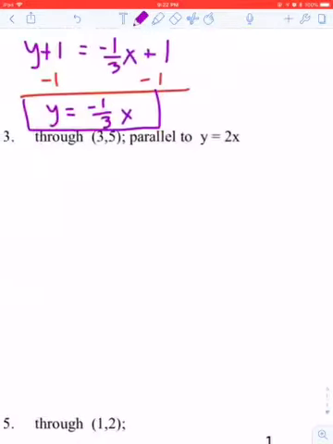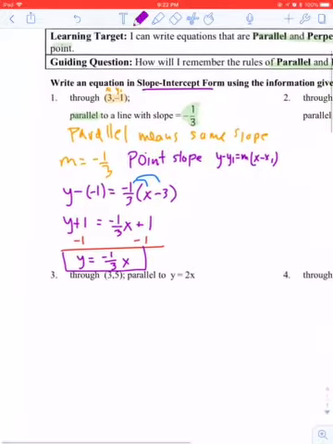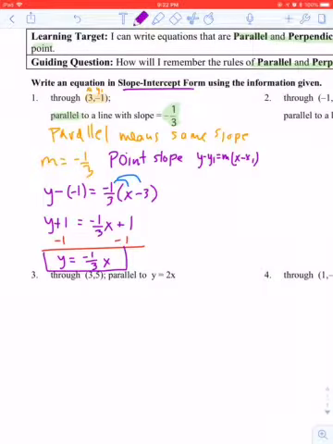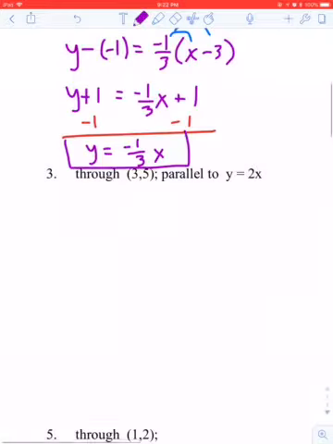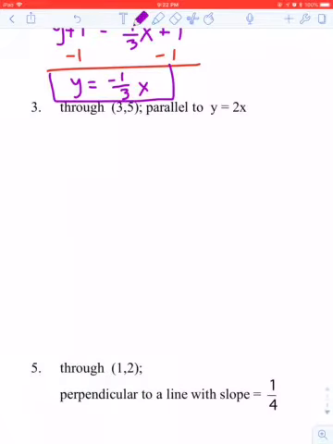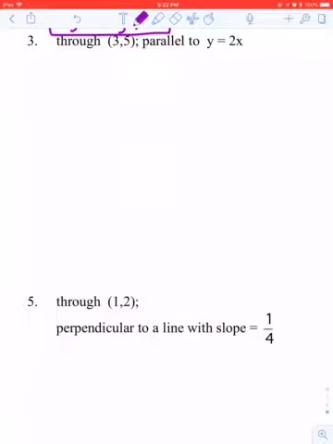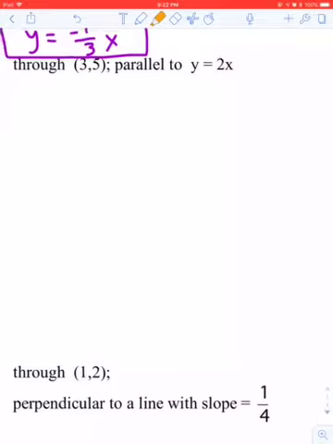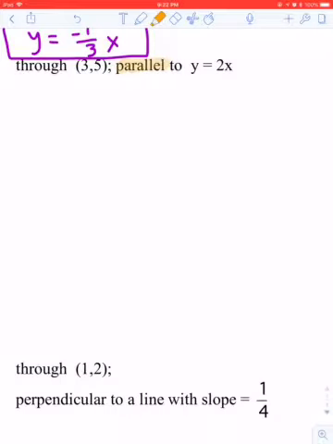Okay, number 3 looks a little bit different. So in number 1, they tell you exactly what the slope is. On number 3, they don't tell you what the slope is. It's there, but it's not directly given to you. So first, they want us to write a parallel line to this equation. Remember our slope intercept form, y equals mx plus b.